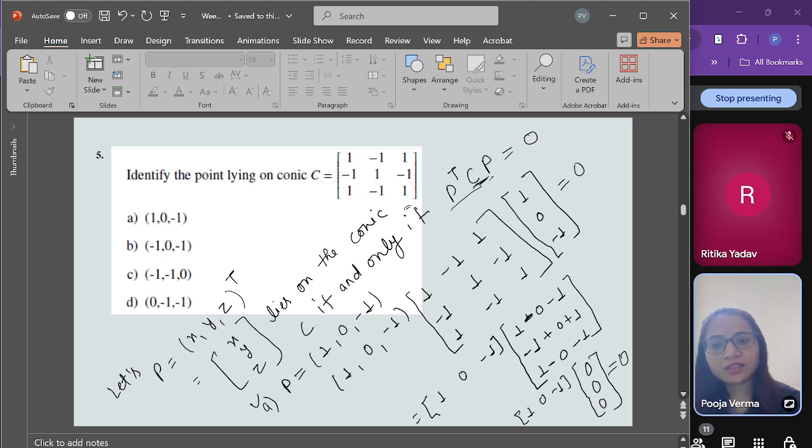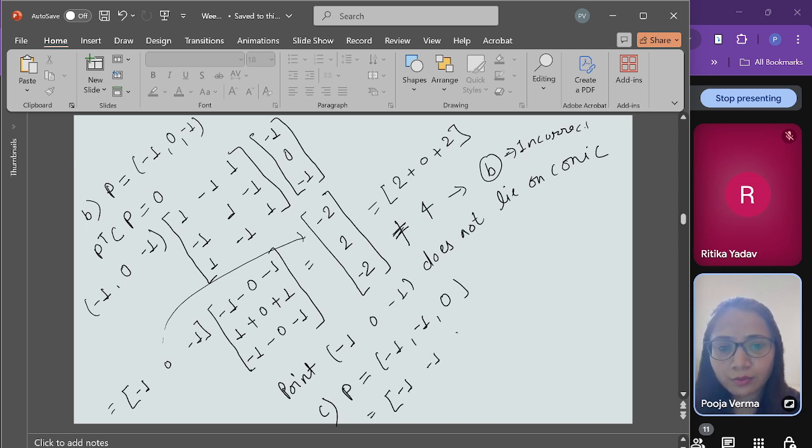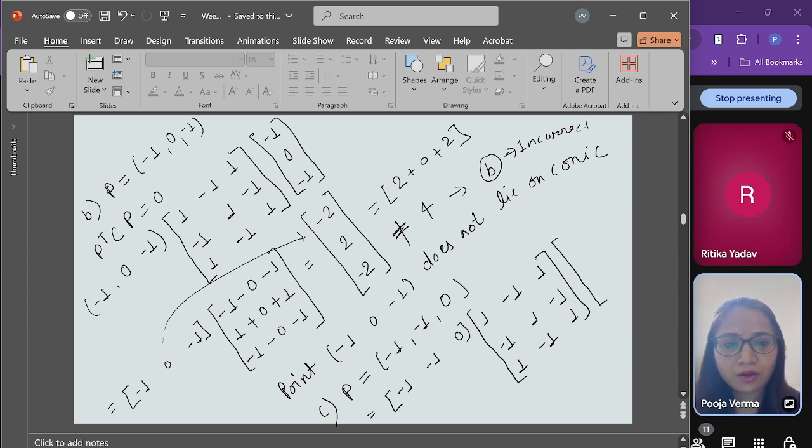So the point is given as -1, -1 and 0. Solve similarly. Now just multiply with this.